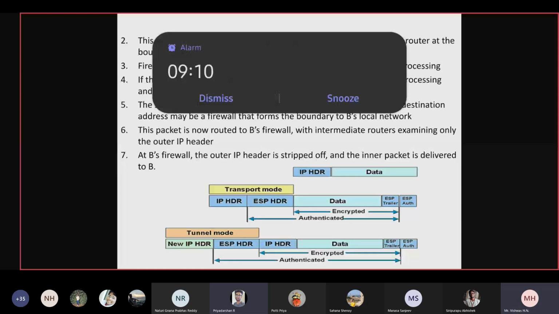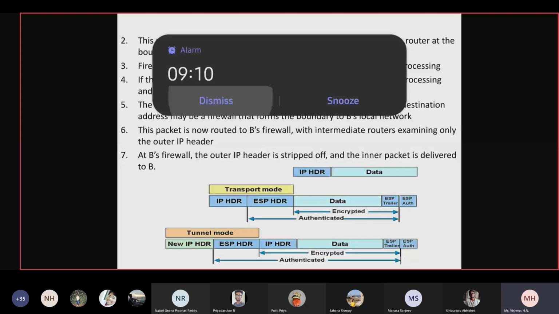Yes, sir. We call it NAT64, right? Basically, a network address translator from V4 to V6. Okay, or the other way, V6 to V4. You are right. Any other questions, students?